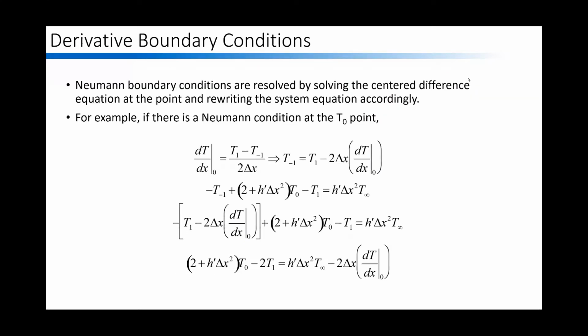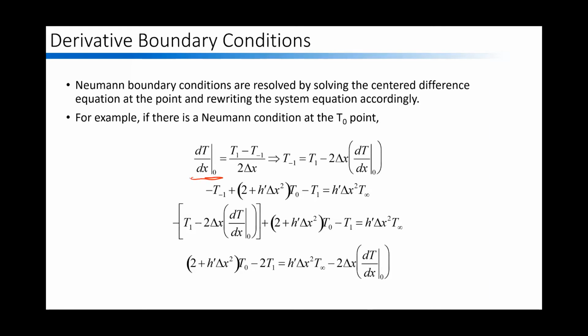Now that we've seen how to approach Dirichlet boundary conditions, where we know the values at the different points, let's see how we can apply the same idea of finite differences using Neumann conditions, in other words, a place where we know what the derivative is. We can implement this because we have another equation. If I know what dT/dx is at a certain point, I can still use a finite difference to evaluate that point and get another equation.